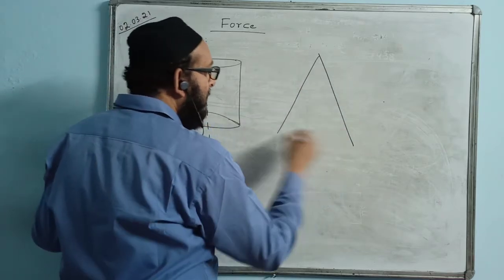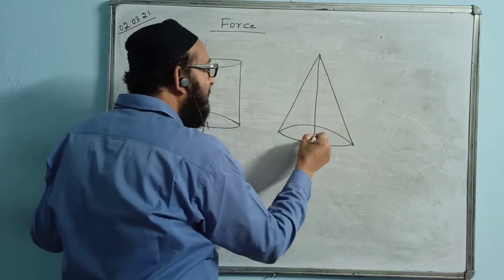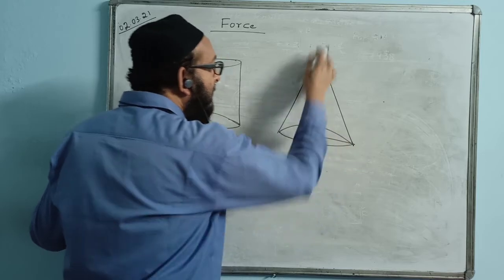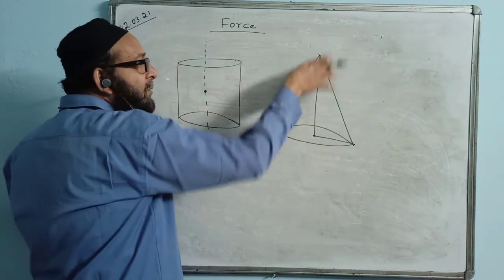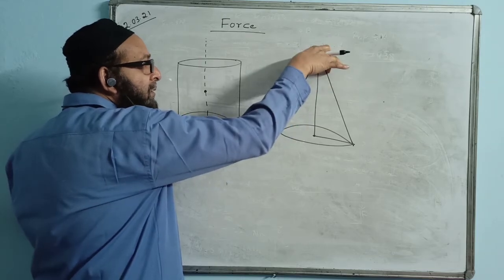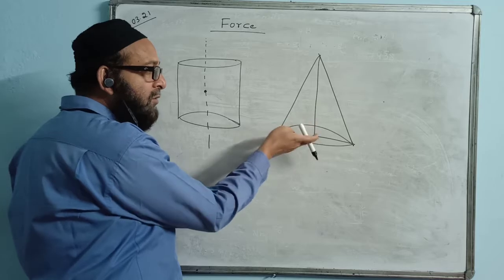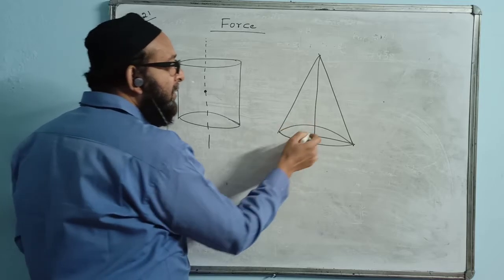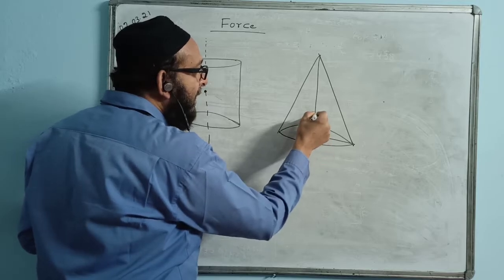In case of a cone like this, this is called the vertical height. This is called the slanting height. We know that this side has less mass because it is pointed, and this side is wider, having more mass, so it will be situated closer to the heavier side. In case of a solid cone, it is situated at a height h by 4.